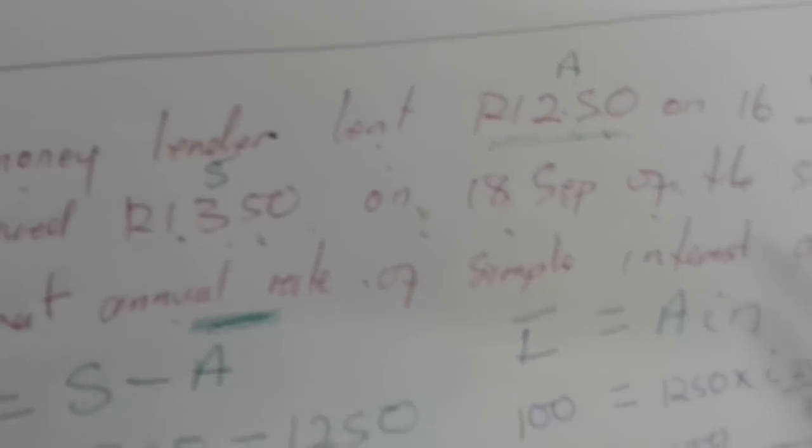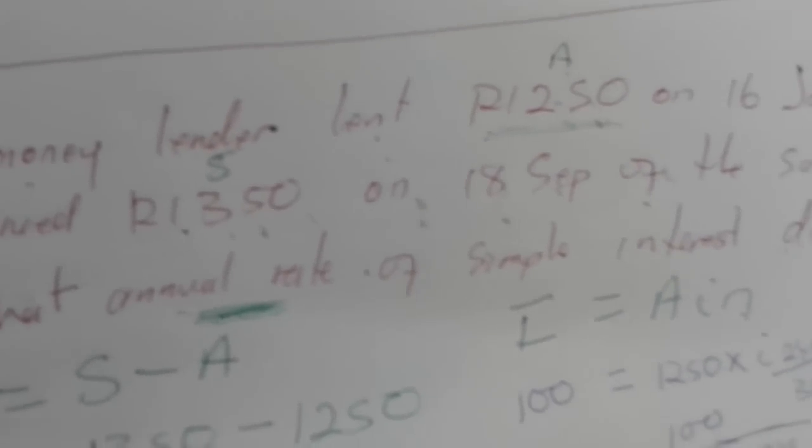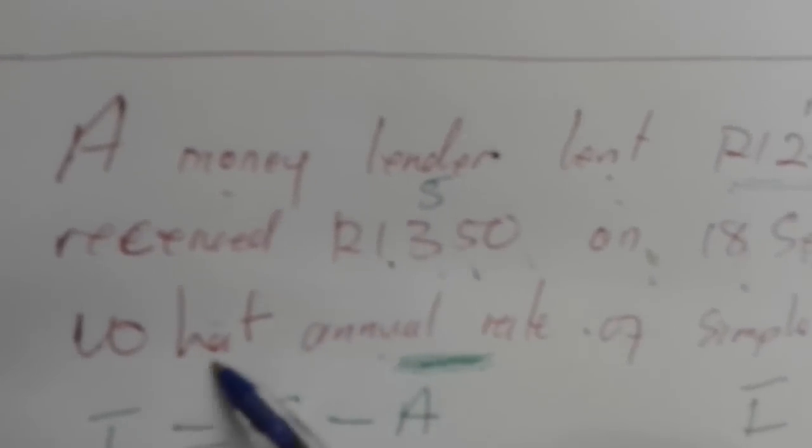Now, if we look for the ingredients that we have, you only need 3 to get the fourth one. Now we've got 2, so of course we need to find our N, which is the period. Since they are saying what annual rate, that means your period must be in years. But you see, from January 16 to September 18, there are 245 days. But how do you convert days to years?